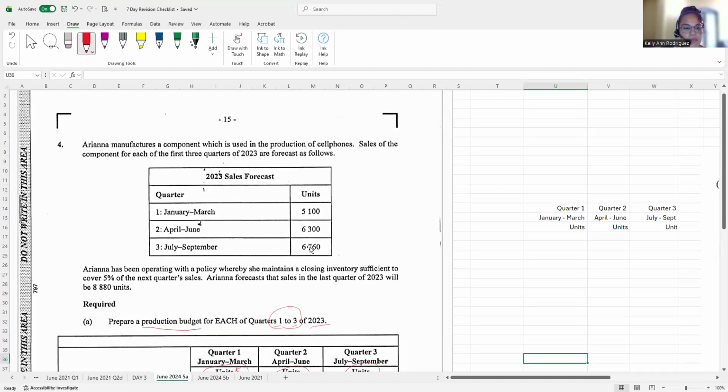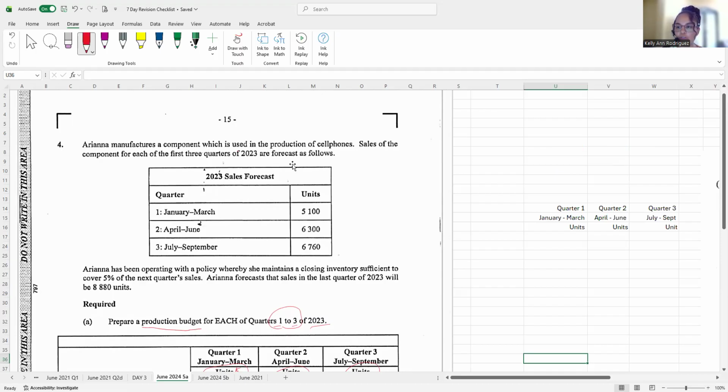Now, as you read the information, Ariana manufactures a component which is used in the production of cell phones. So they're doing a production of something that is used in a cell phone, not the actual cell phone, right? Sales of the component for each of the first three quarters of 2023 are forecast. Forecast means it's projected. That is what they estimate it to be.